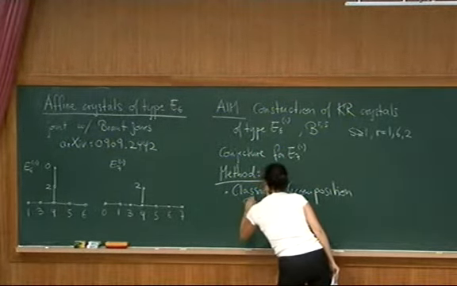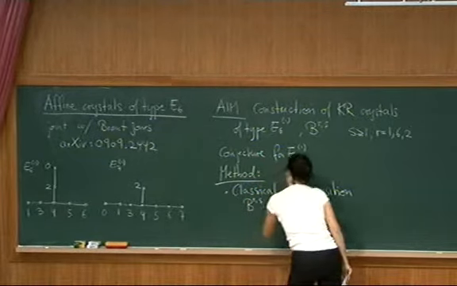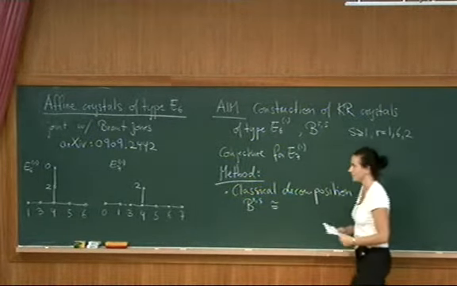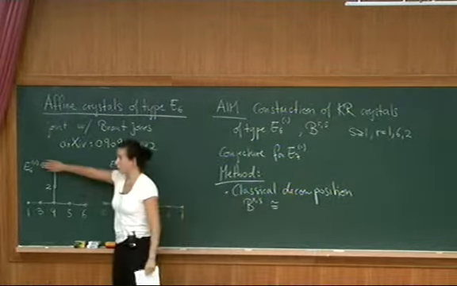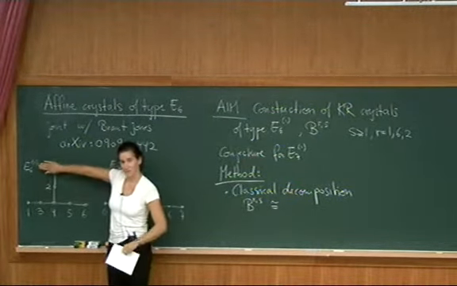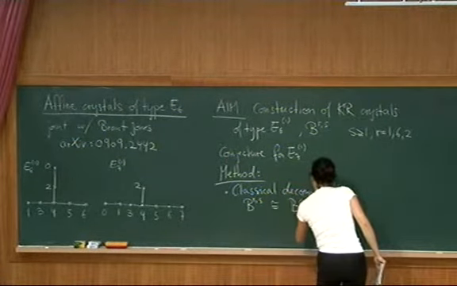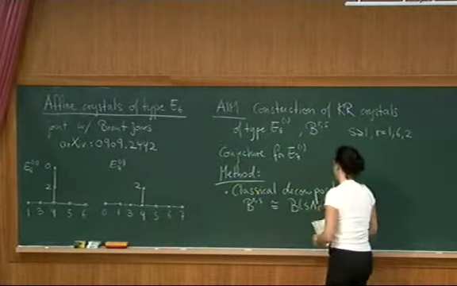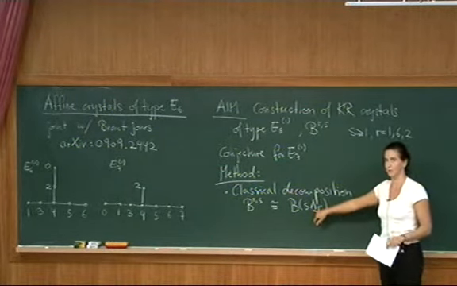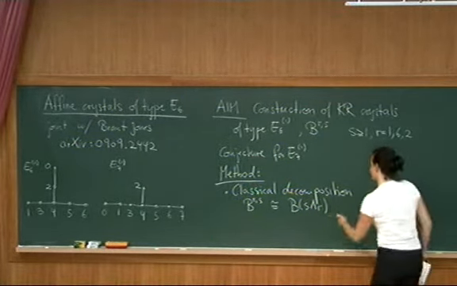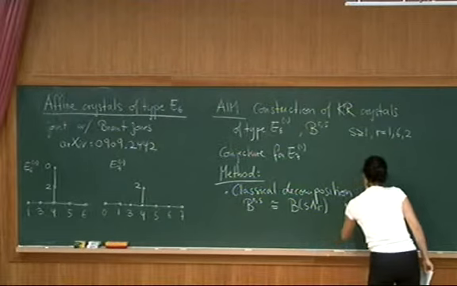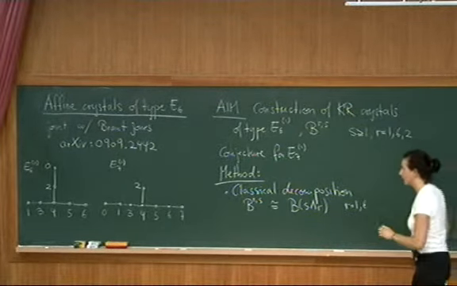B^{r,s} as a classical crystal, by this I mean I'm going to remove the zero arrow, the zero node, is isomorphic to B(sλ_r), and by λ_r I mean the r-th fundamental weight. And this is true when r is equal to 1 or 6 in my labeling.